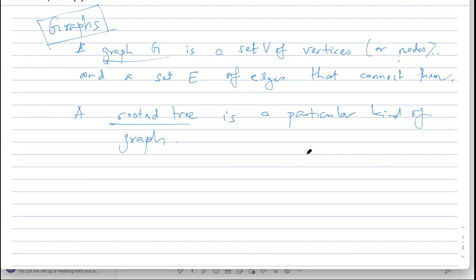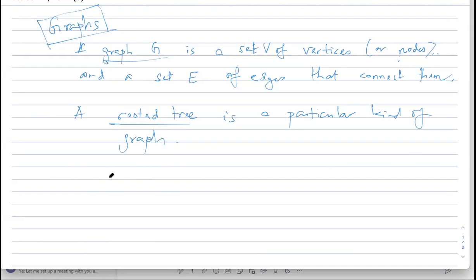Exactly. So that is the specific characteristic of a tree. Otherwise, both trees and graphs are a bunch of nodes that you connect through edges and then you get essentially that structure. But in graphs, you're allowing multiple paths to exist between nodes.